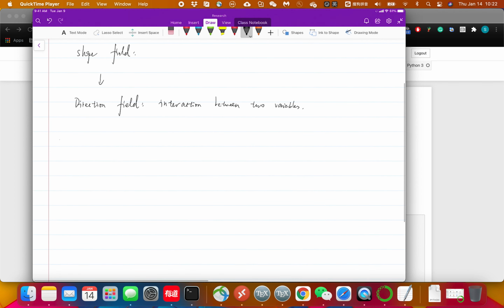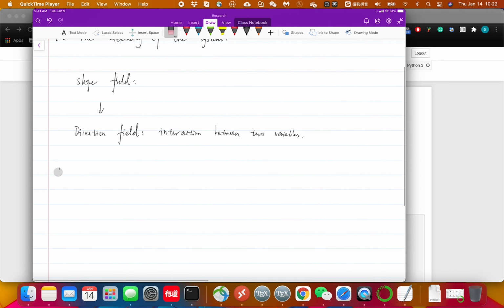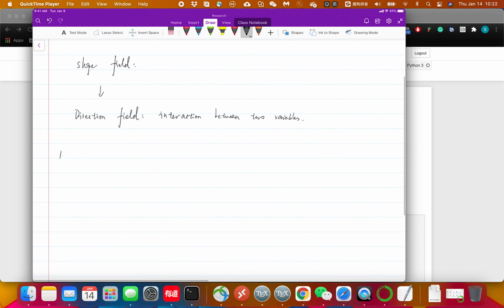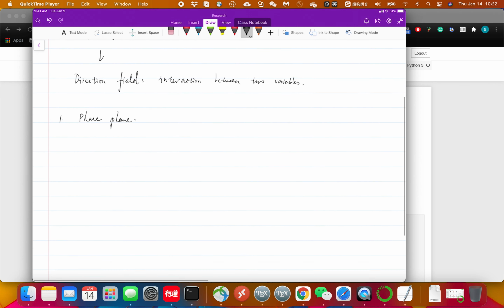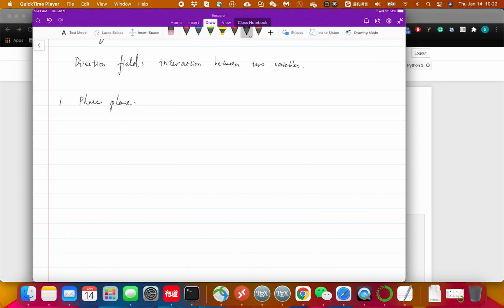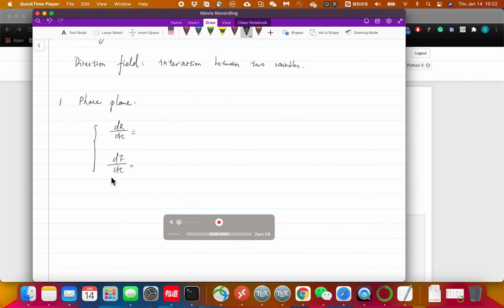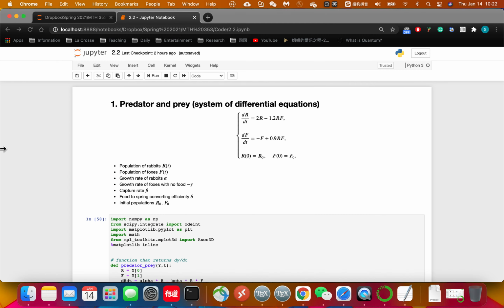Let us see how this works. We will call it phase plane, and we will draw the direction field inside it from example. Rabbit and fox. We have dr over dt, df over dt, and we want to put some parameters here.